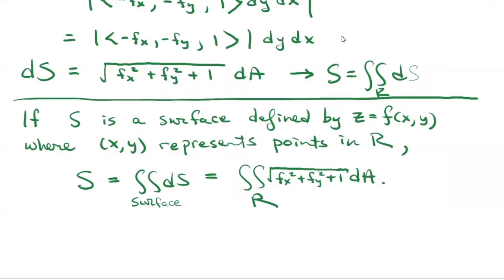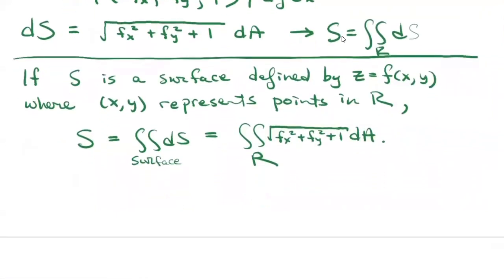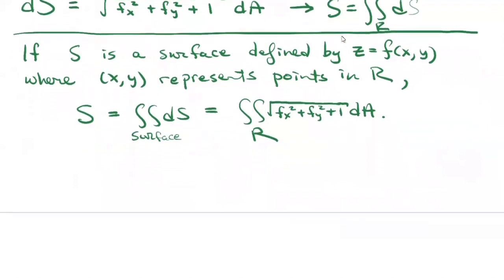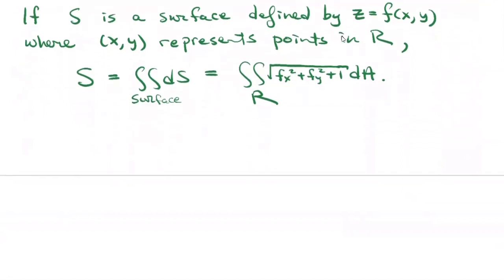And there's other surfaces that we'll want to be able to find areas for that aren't tidy like this. These can be horrible, horrible integrals. Okay, so here comes an example. Let me just pause. Any questions?